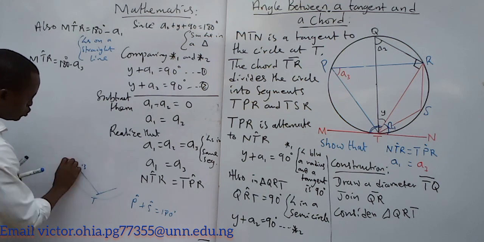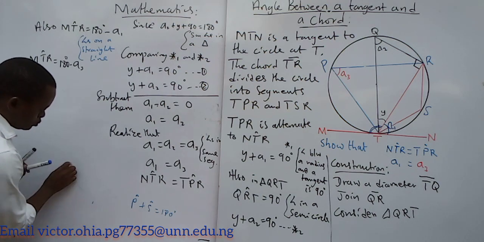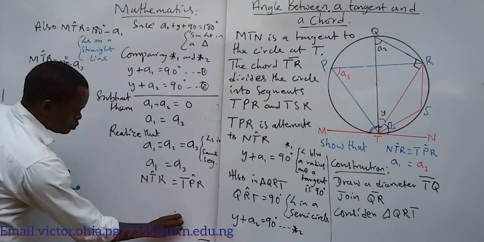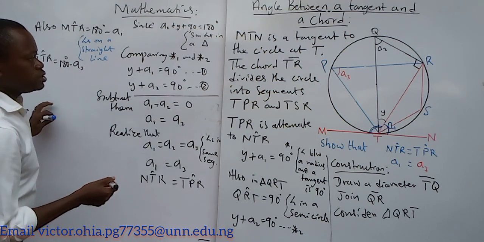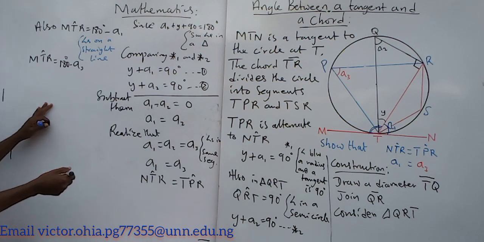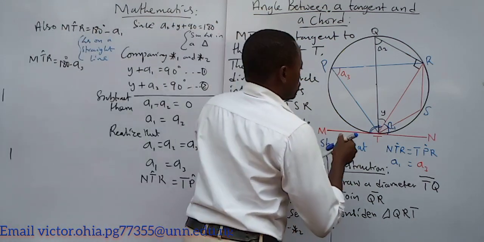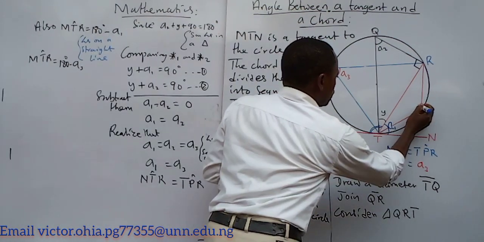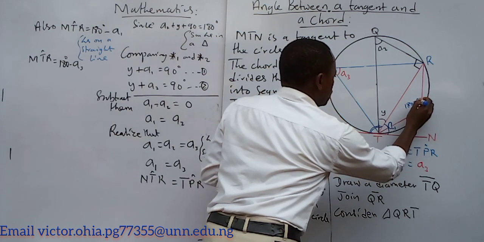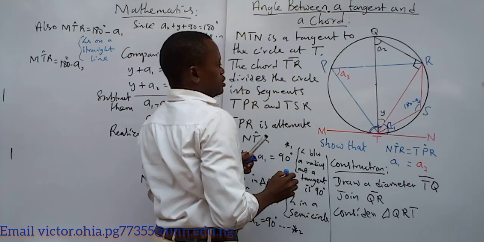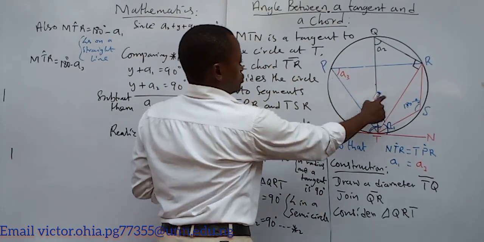Okay, so quickly, you take it that here will be 180 minus A3. Here, look at them.